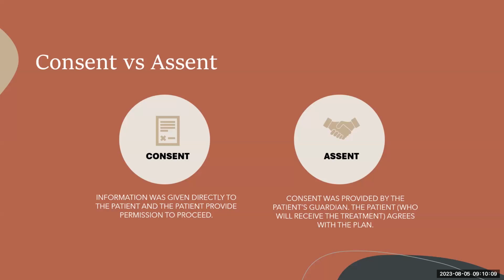And that can sometimes create a dilemma in some rare cases when the parent is insisting on the treatment, but the child is refusing treatment. So legally, you still have to proceed, but it makes it a very uncomfortable situation for a lot of physicians, and sometimes we'll get the ethics board involved and try to help sort out the situation.